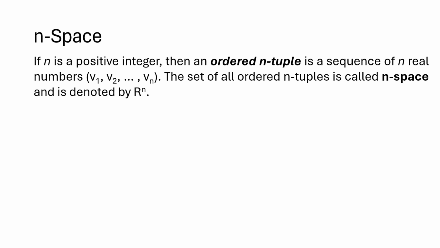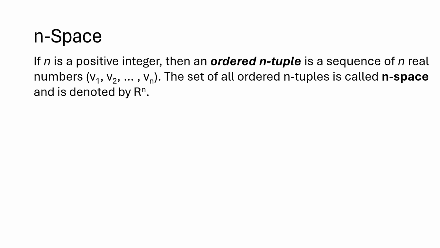So we have this definition. If n is a positive integer, then an ordered n-tuple is a sequence of n real numbers, v sub 1 to v sub n. The set of all ordered n-tuples is called n-space, and it is denoted by R raised to n.